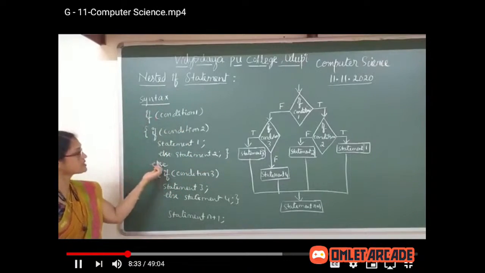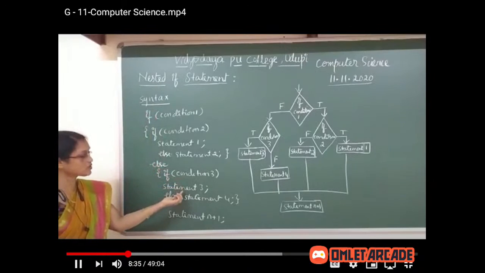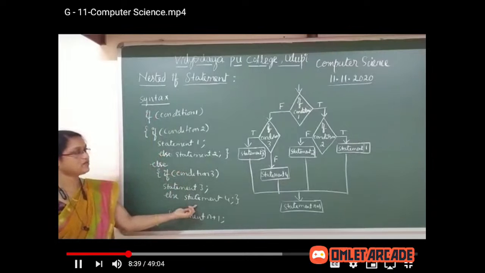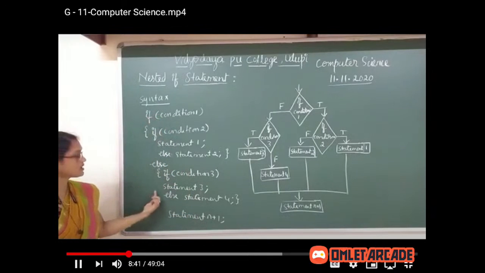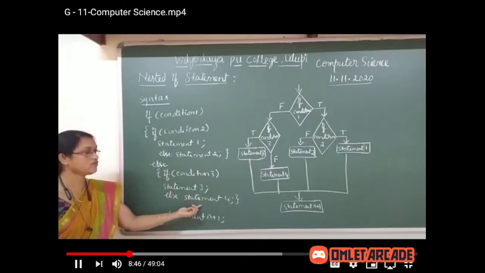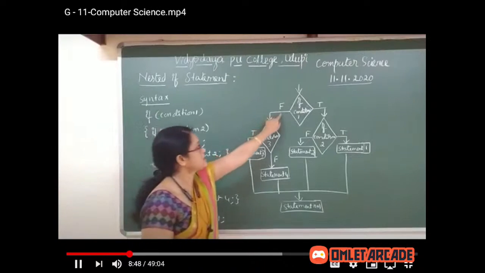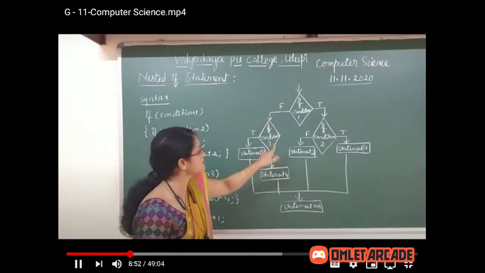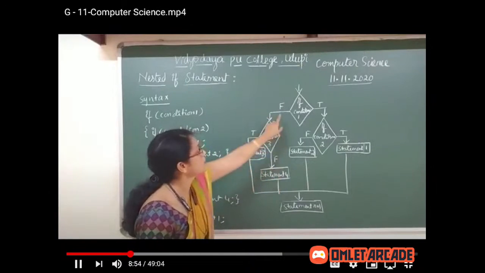Then, if it is false, then condition 3 is true, then statement 3, else statement 4. This means this is false and this is also false, sorry, statement 4. See here. This is also false, this is also false. Condition 1 also false, 3 also false, then statement 4.